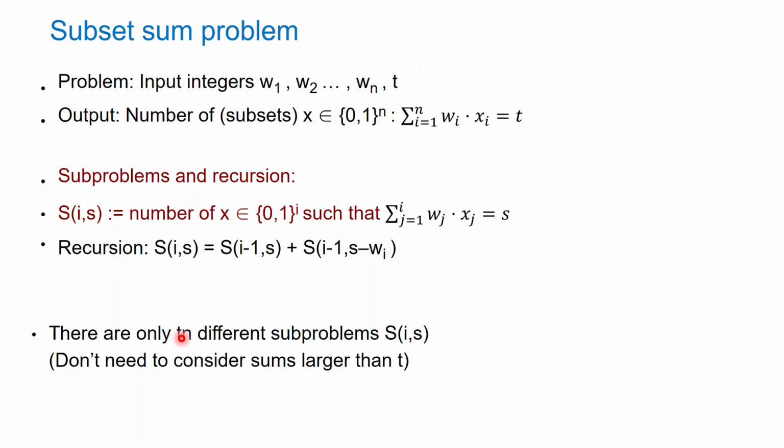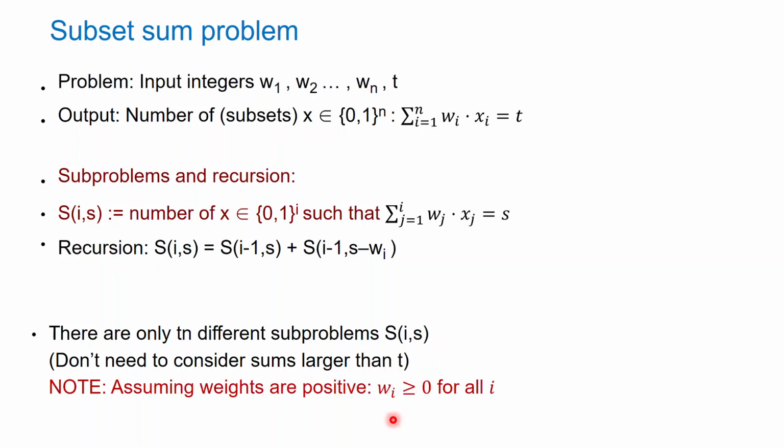Okay, so you have t choices for this s here and n choices for this i here. We never need to consider sums which are larger than t, because I'm assuming that all my weights are positive. Okay, so we're making the assumption that the weights are positive. If the weights can be negative, you have to modify the code accordingly.